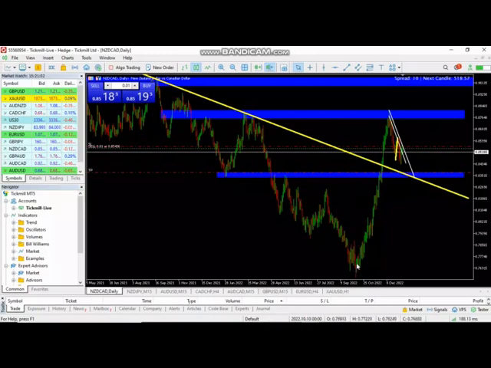Now, I'm not taking into consideration this because price is between. I like to mark off the zones in between where I am at the moment, where price is at the moment. Price is at the moment right over there. So I mark off the recent lows or highs that are close to that area, in between the area where I'm working. So I have now got my supply and demand zones.